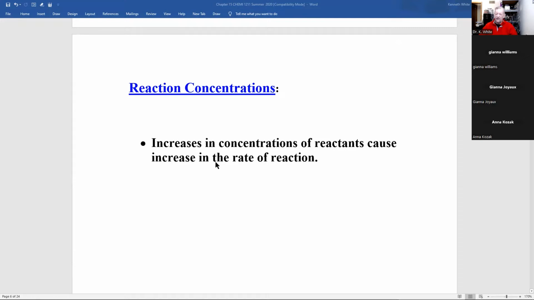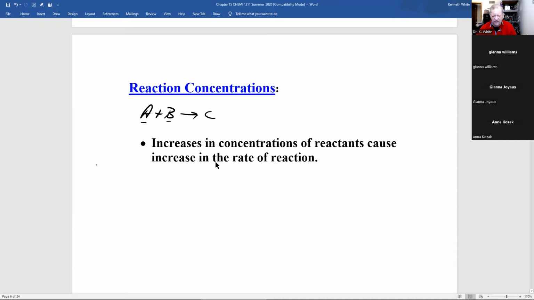So the more you have of the reactants, the more collisions that can happen, collision theory, yep, the faster it can occur. So if I take my reaction, A plus B makes C, and I put in a lot more A and B together, that should make it, most of the time, not all, go quicker.